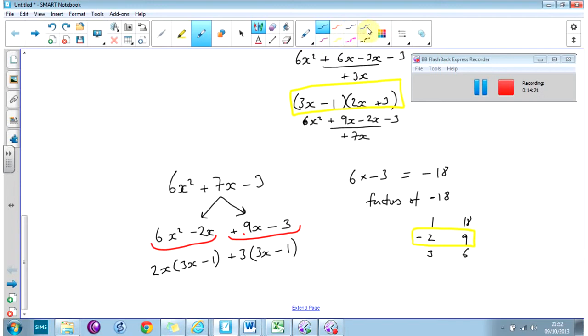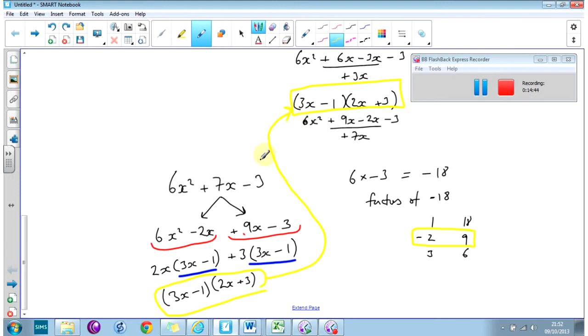Now, to finish off, I'm almost there. I've just got to factorise this out, and that leaves me with 3x minus 1, and then 2x plus 3, which, as you'll notice, is the same thing that we got using trial and error, but it didn't take very long.